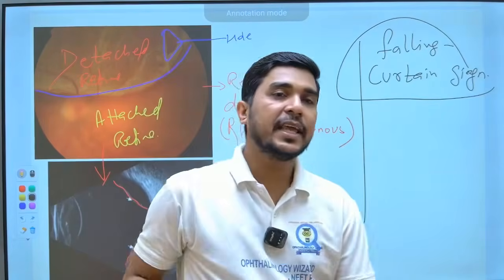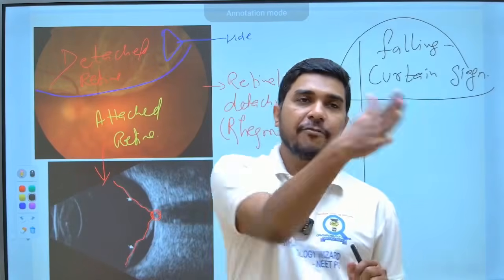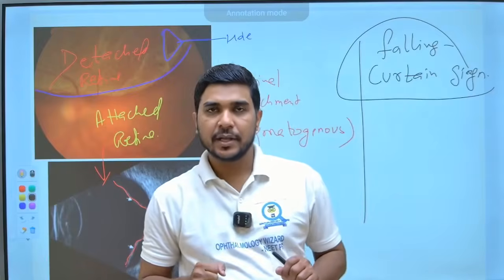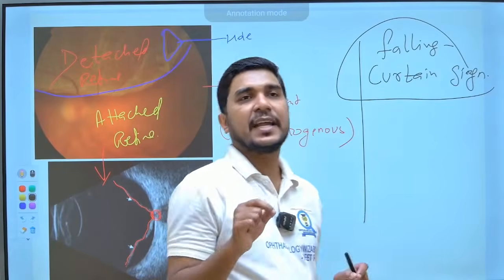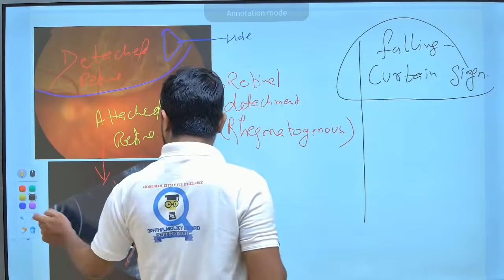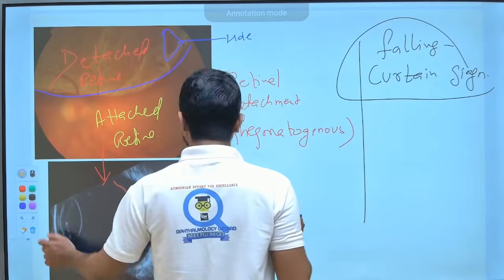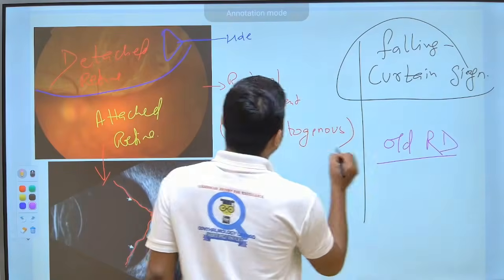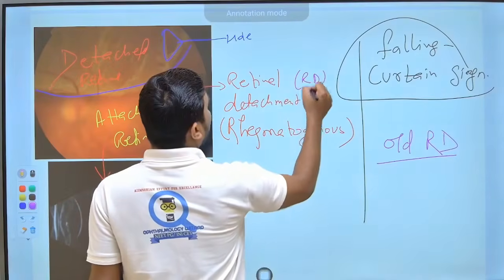Second thing, there is a difference between fresh retinal detachment and old retinal detachment. What are the signs of old retinal detachment?